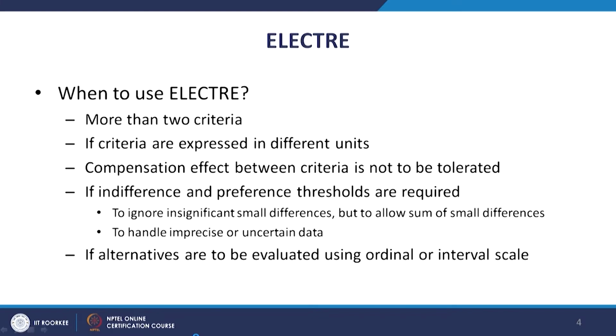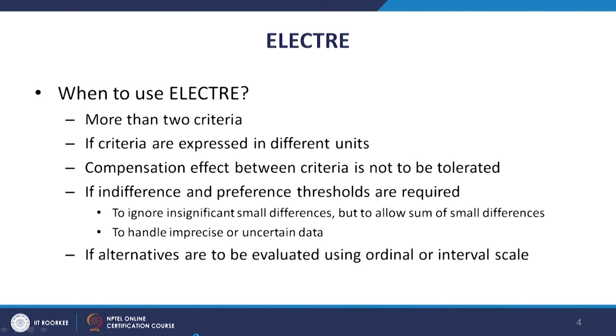Another situation could be to handle imprecise or uncertain data. If the numbers in terms of performance of alternatives have some impreciseness or uncertainty, then because of these parameters, indifference and preference thresholds, you can easily get away from that kind of situation, because of the way the methods and these parameters are used as part of the steps.